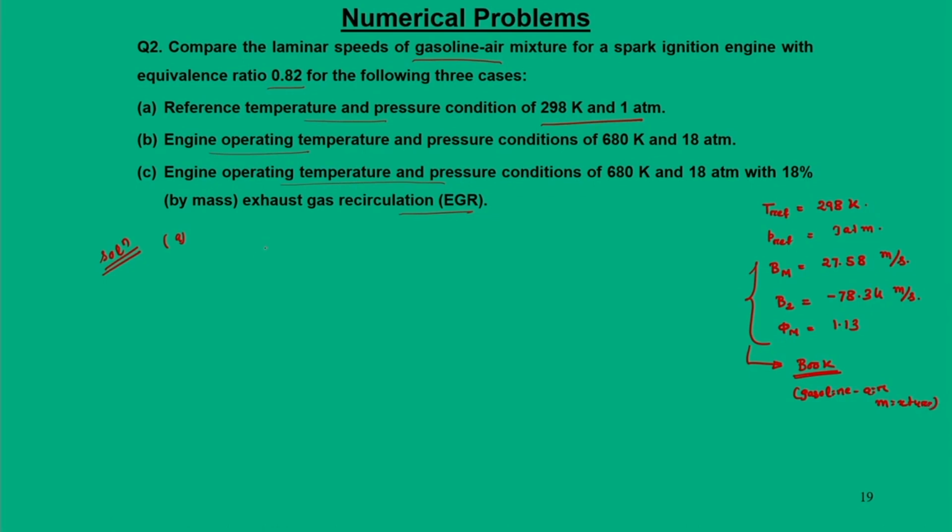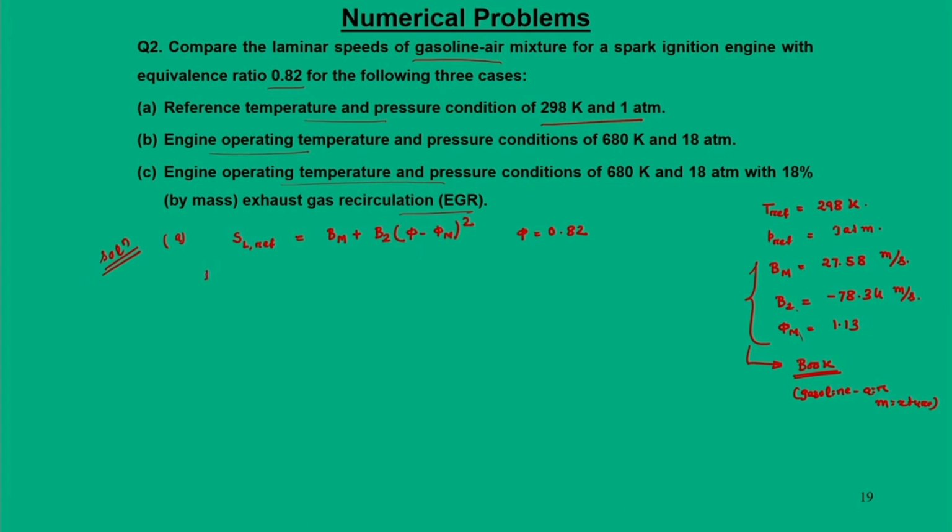Now, you have to recall what is the expression for SL. SL at reference condition is given by Bm plus B2 into phi minus phi m whole square. So, your data that is given phi as 0.82, and we have all these values Bm, B2 and phi m.